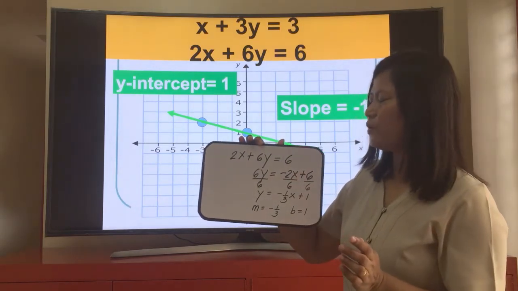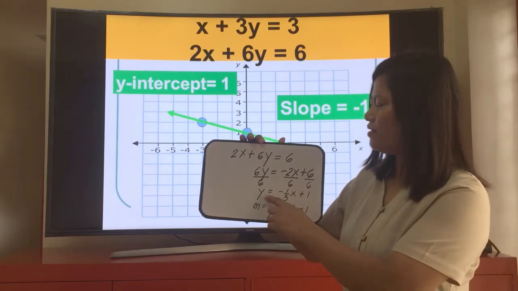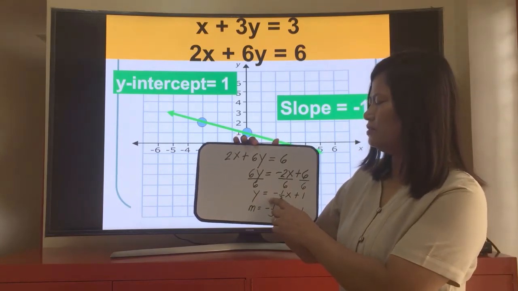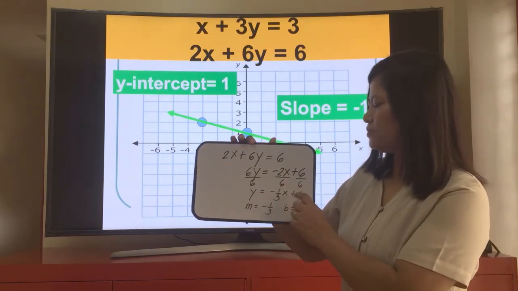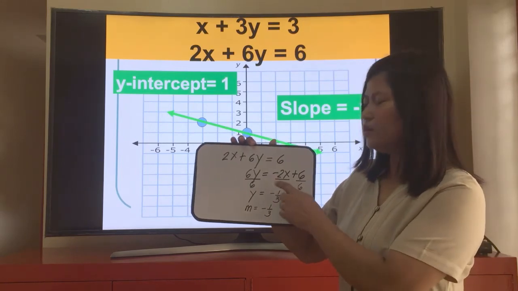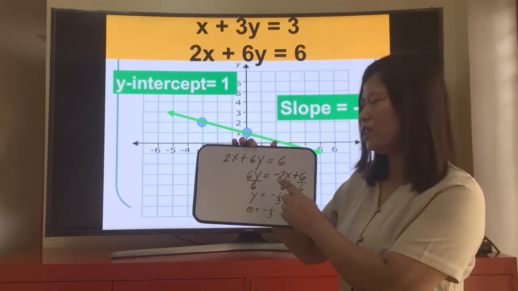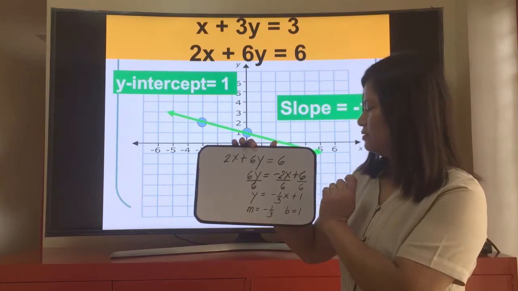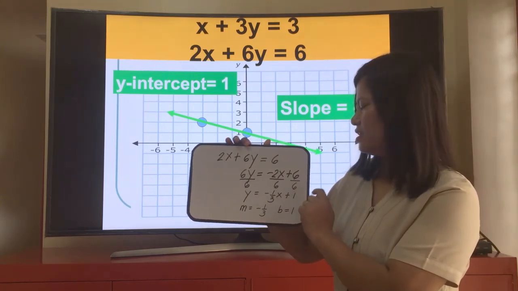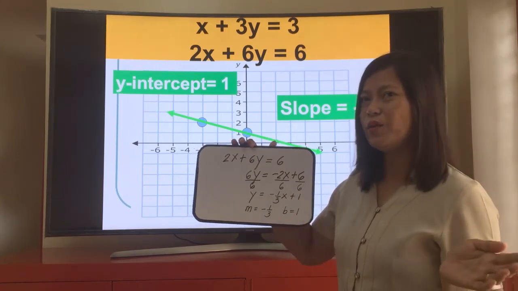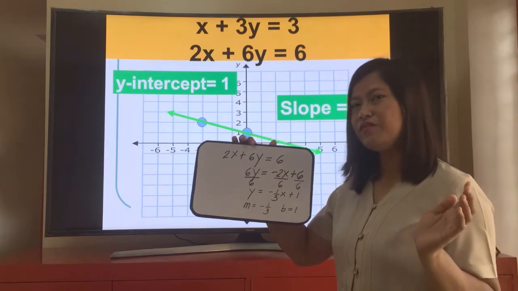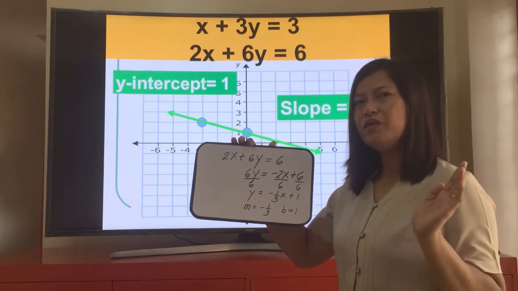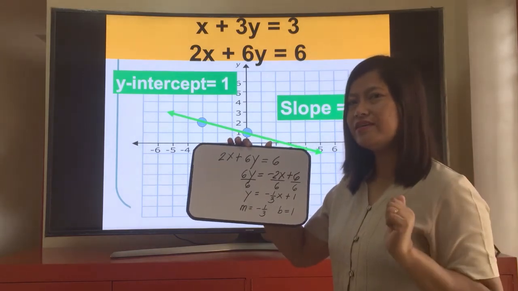Dividing both sides of the equation by 6, we have y is equal to negative 1/3 x plus 1. Take note, we reduce this to lowest terms, and 6 divided by 6 is 1. So what is the slope? It is negative 1/3. What about the y-intercept? It is 1.